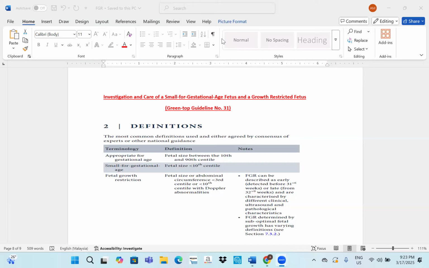Even if the fetus is less than third centile, either through the abdominal circumference or size, this single point is sufficient to label a fetus as a growth restricted fetus, despite whether the Doppler is normal or abnormal. But if the weight is less than 10th centile, but there are Doppler abnormalities, then this fetus is not an SGA fetus, but this is actually a growth restricted fetus. Okay, clear up till now?